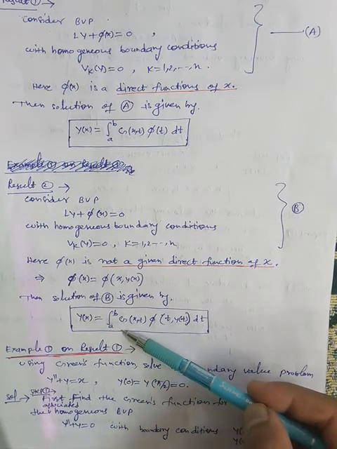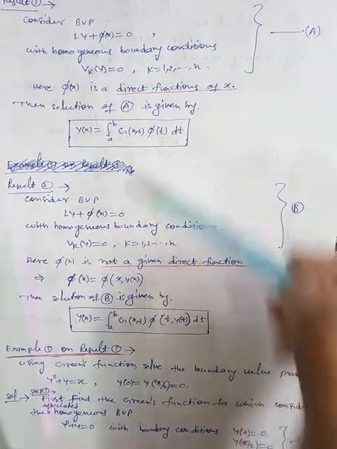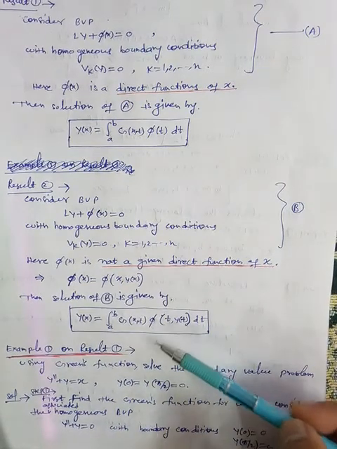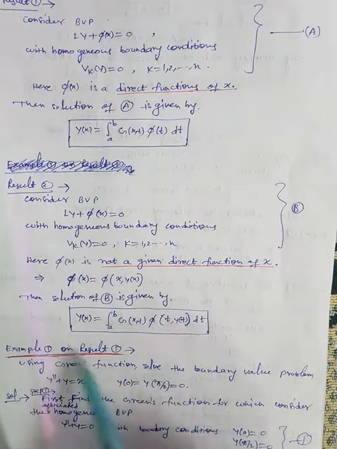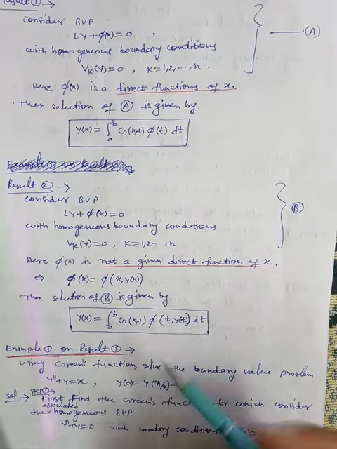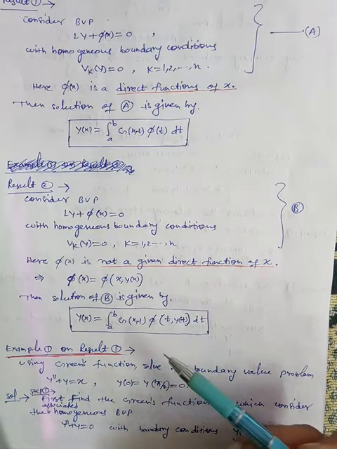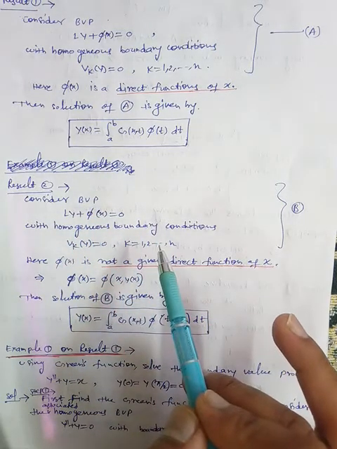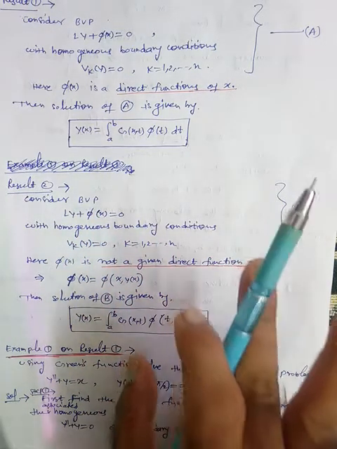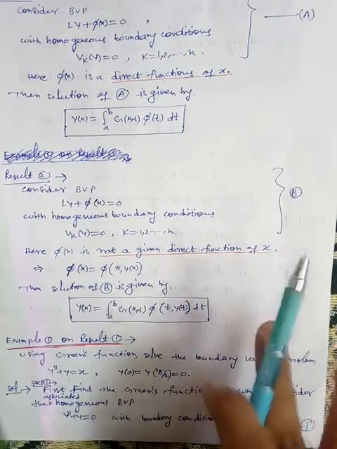Here we have a solution, here we will get a Fredholm integral equation. So you can say that the second result can be used to get a Fredholm integral equation from a given boundary value problem. Okay, this is the difference. Let's see how to apply this.